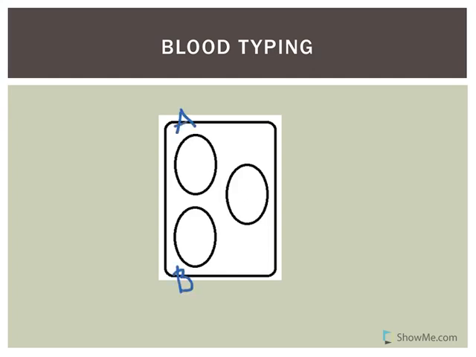There's an A, there's a B, and the other one they'll label as Rh. You're going to put a few drops of anti-A antiserum in this well, anti-B antiserum in this well, and anti-D antiserum in that well.